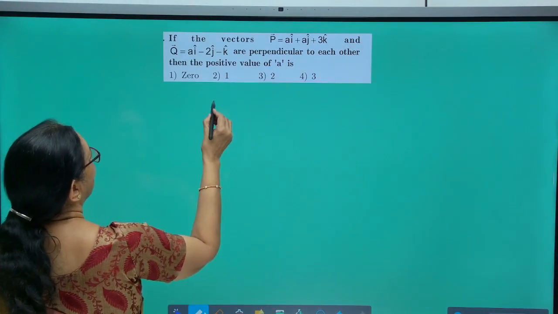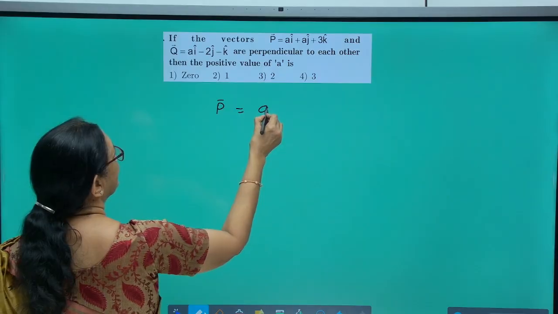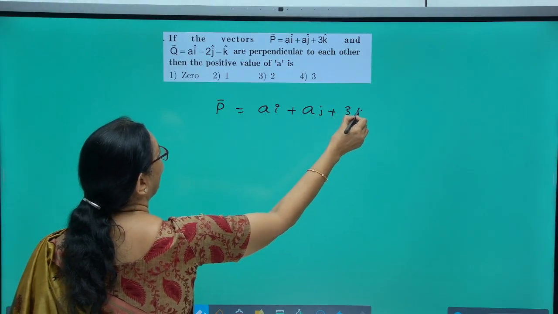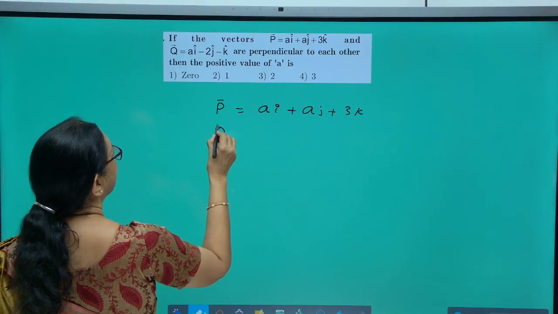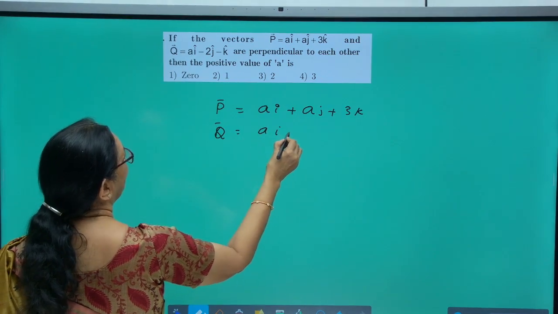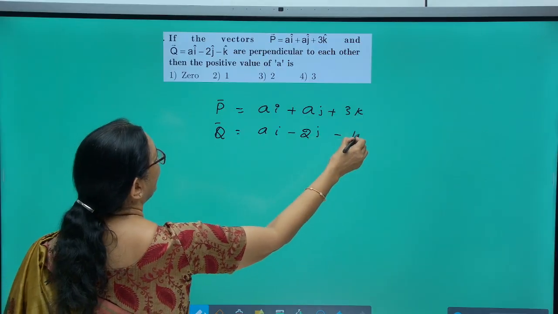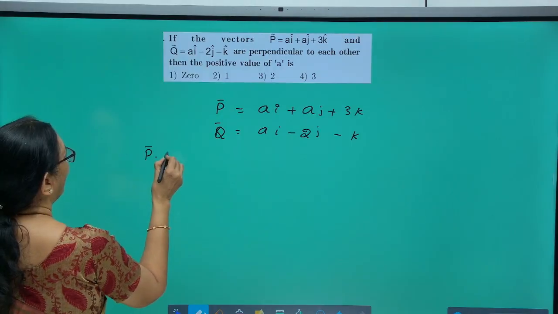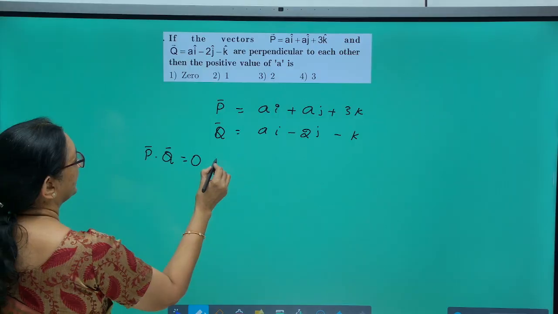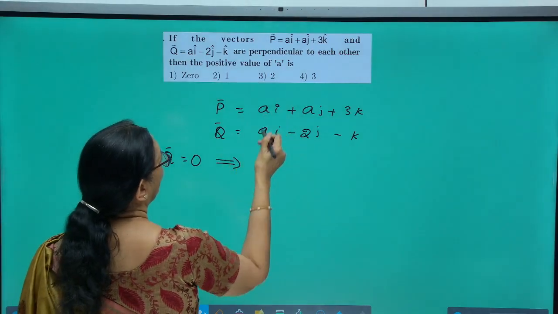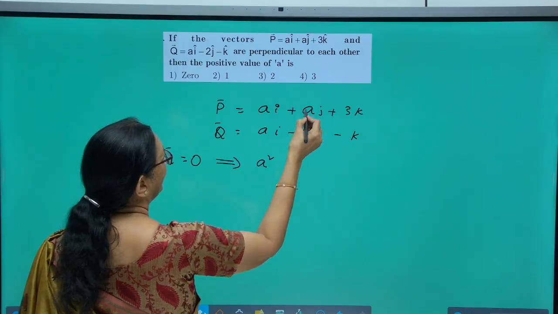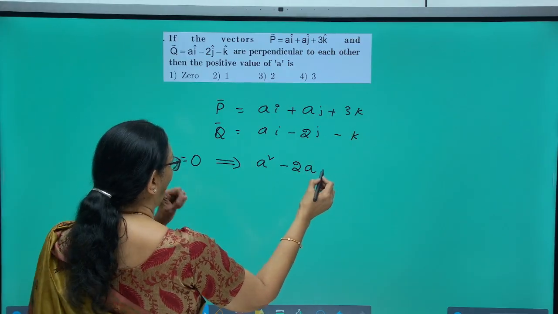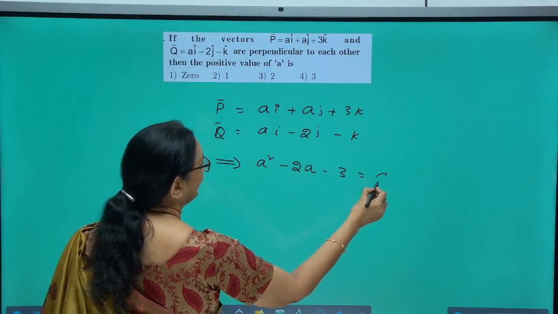So, here the two vectors P bar is Ai plus Aj plus 3k and Q bar is equal to Ai minus 2j minus k. As they are mutually perpendicular, P bar dot Q bar is equal to 0, which implies A into A is A square, A into minus 2 is minus 2A, 3 into minus 1 is minus 3, equal to 0.